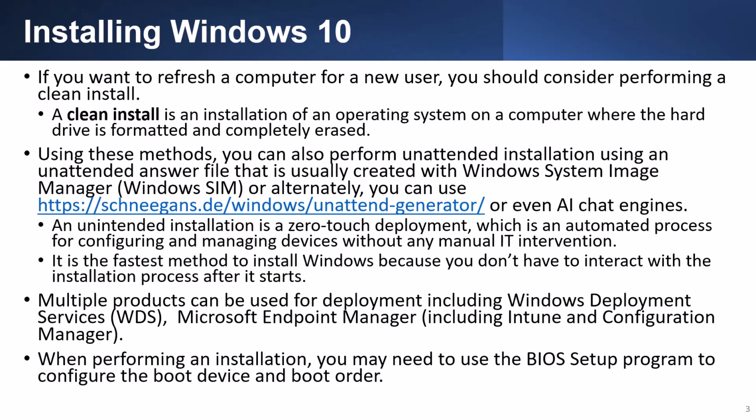It's the fastest method to install Windows because you don't have to interact with the installation process after it starts. Multiple products can be used for deployment, including Windows Deployment Services, or WDS, and Microsoft Endpoint Manager, which includes Intune and Configuration Manager. When performing an installation, you may need to use the BIOS Setup program to configure the boot device and boot order.